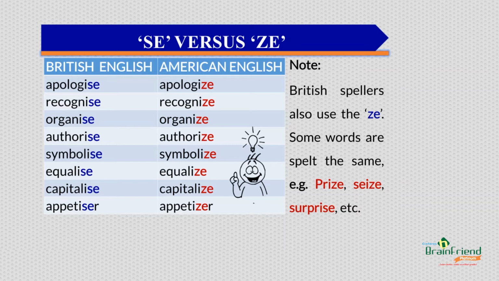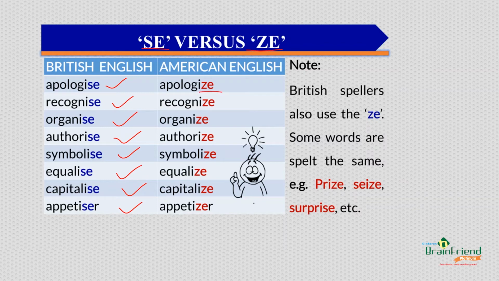Also, we have the SE versus ZE. In the British English, words like apologize, recognize, organize, authorize, symbolize, equalize, capitalize, and appetizer are spelled with the letters SE. But for the American English, they are spelled with the letters ZE.